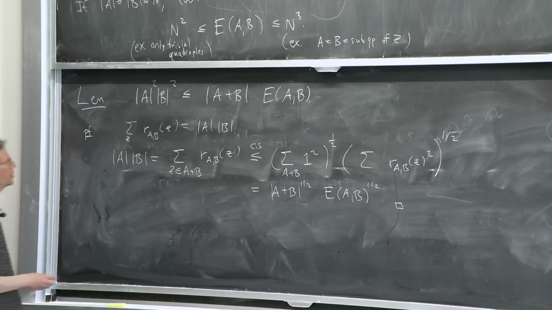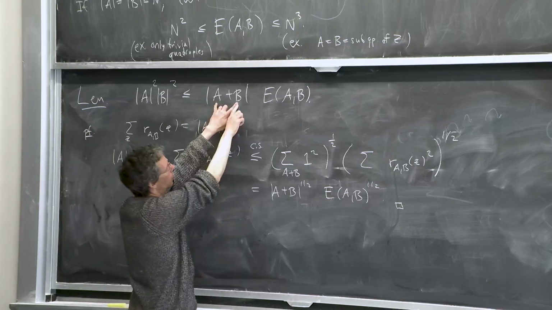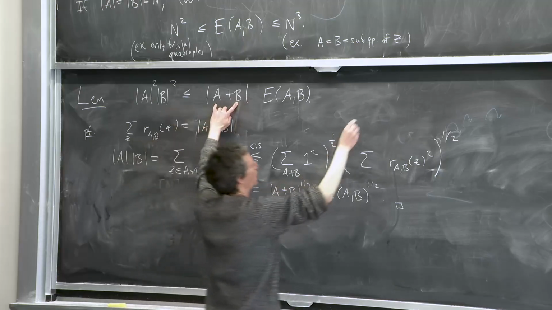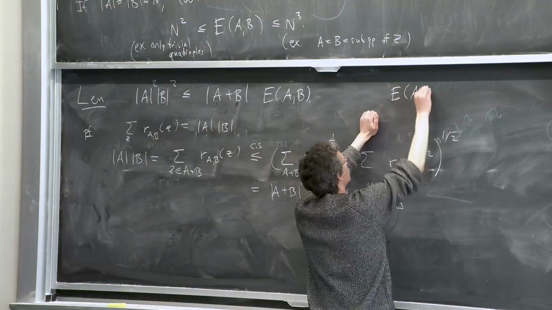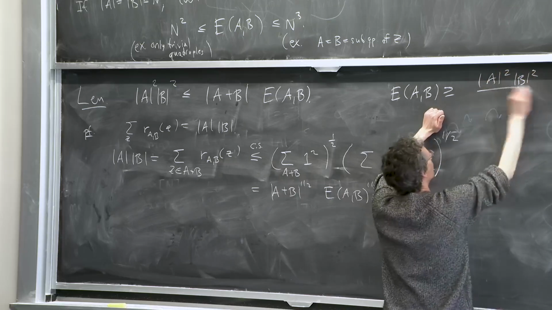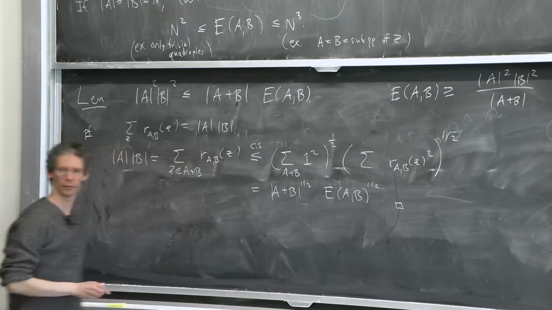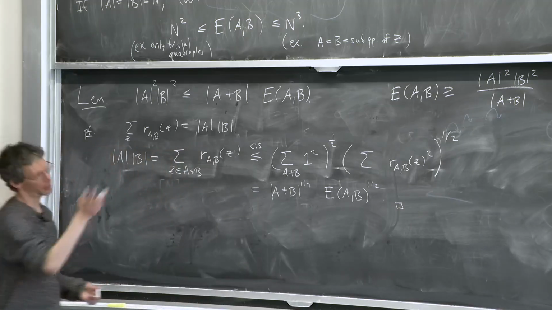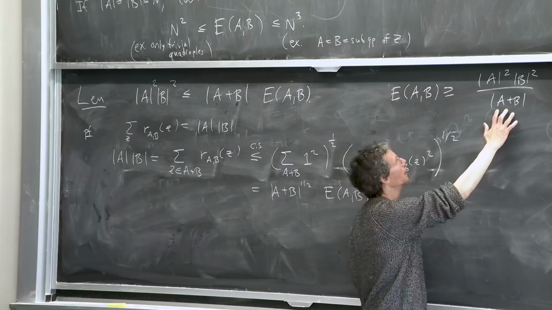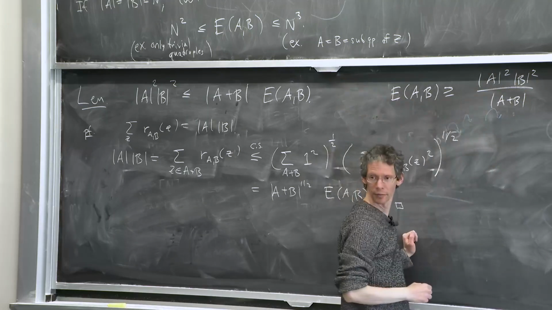All right, so we see from this that if A plus B is small, then the energy must be large. We could bring the A plus B over to the other side. So people usually write this: the energy is at least A squared times B squared over A plus B. So for instance, if A and B have size n, and A plus B is almost n, then the energy would be at least around n cubed, which is as big as it could be.